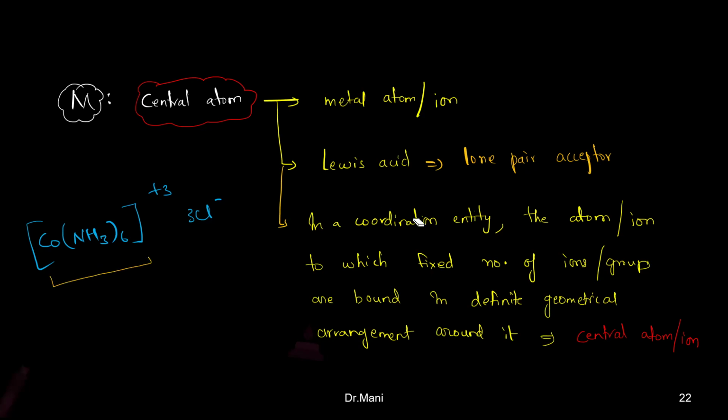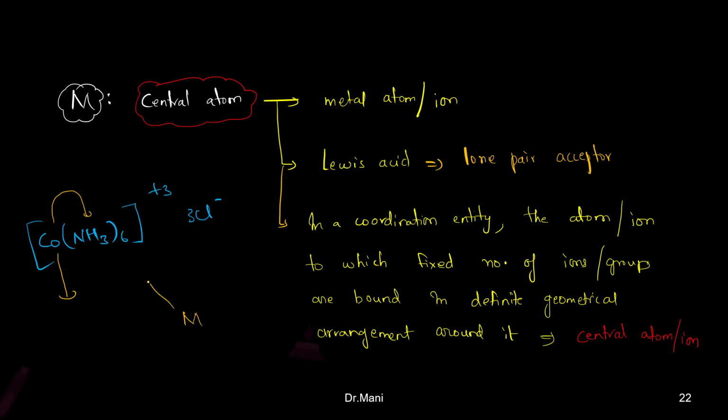Okay, we'll see what is coordination entity in detail, but this is the coordination entity. Yes or no? So in that coordination entity, what is the metal atom? This is the metal atom, which is the central metal atom. And this central metal atom is bonded to the other ligands in a fixed way, and that's also in a particular geometrical arrangement.